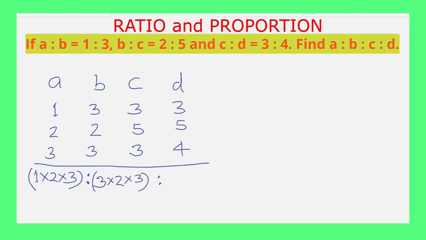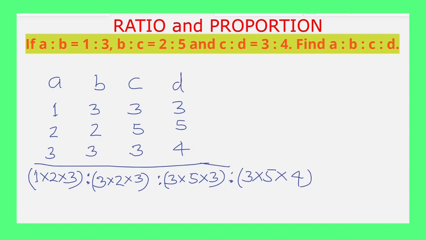Ratio the numbers below C are 3 multiplied by 5 multiplied by 3. Ratio all the numbers below D, which is 3 multiplied by 5 multiplied by 4. On observing, we find that 3 is common in all the ratios.